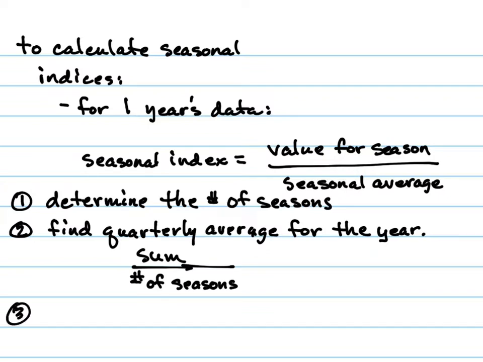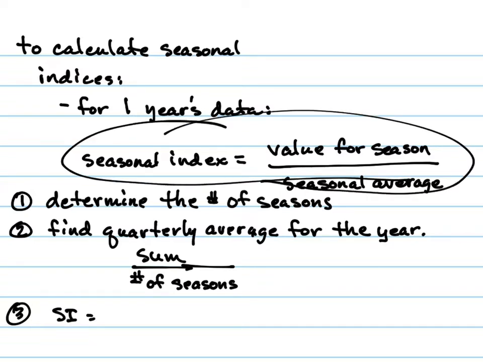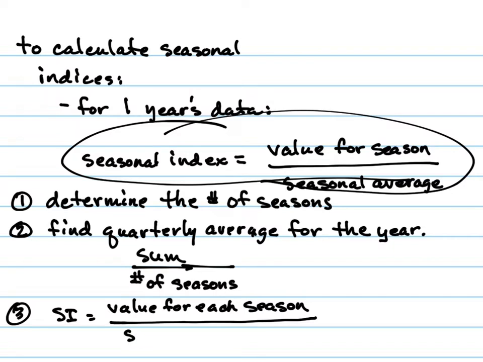Then, third and final step, guys, so it's pretty easy for calculating it anyway, is you're simply going to divide out the value for each season. So the seasonal index, it's this formula here, is simply the value for each season divided by the seasonal average.